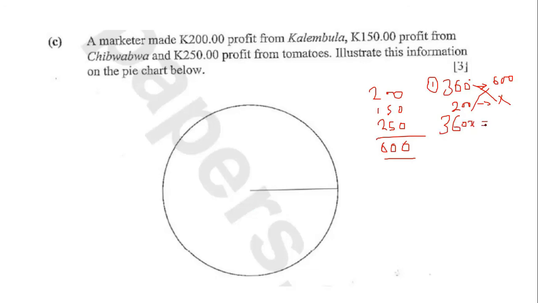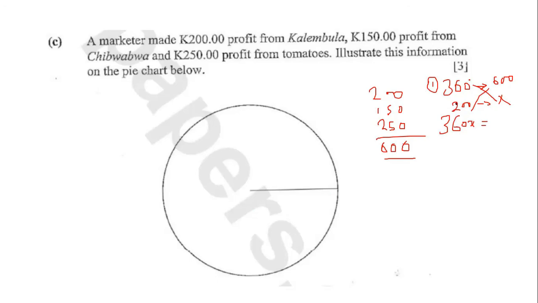Here we are multiplying 200 times 600. Sorry, here we have actually swapped a bit. Make sure that the degrees are on the same side.